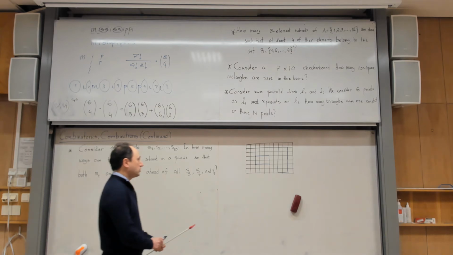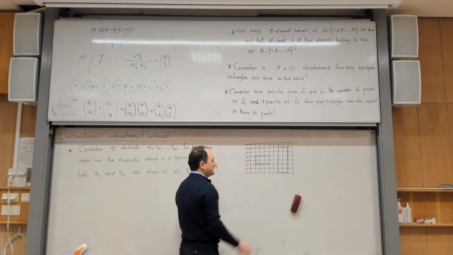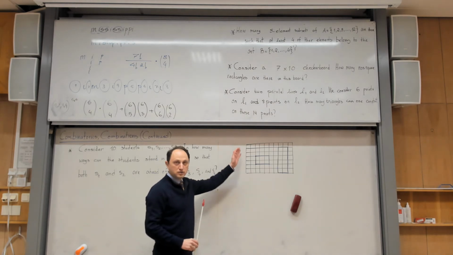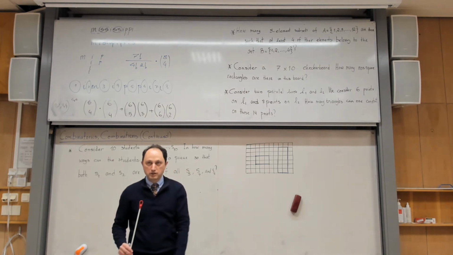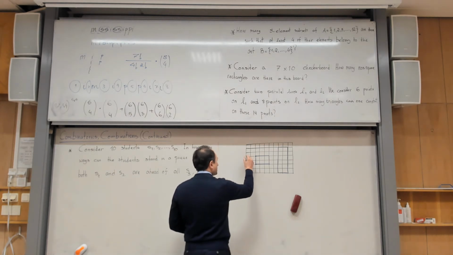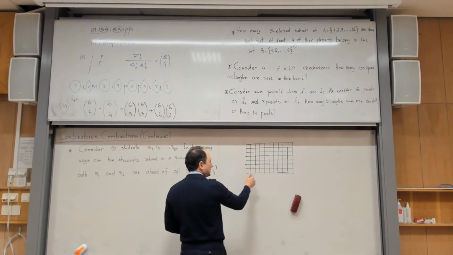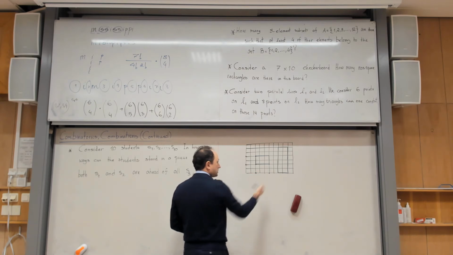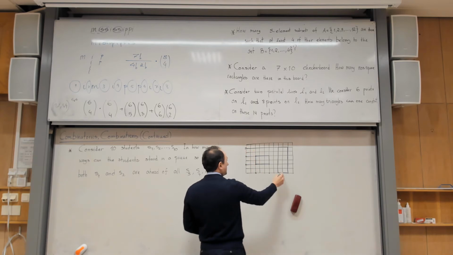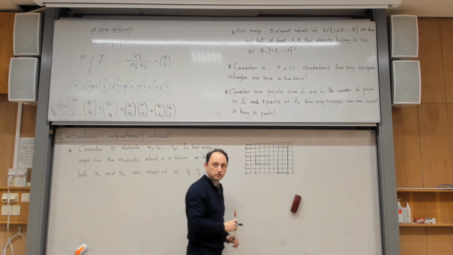Because if I want to construct a rectangle in any way, I need 2 points on the vertical axis and 2 points on the horizontal axis. So for example, this one corresponds to these 2 points on the vertical and these 2 points on the horizontal.